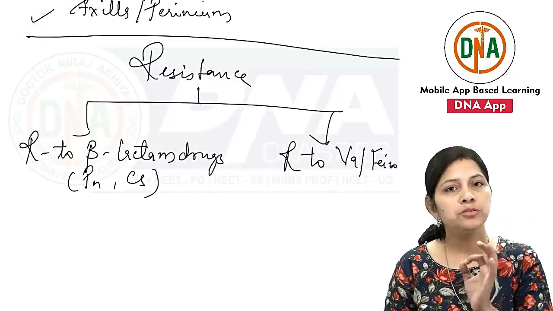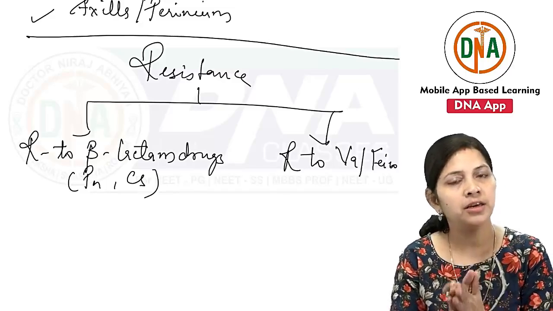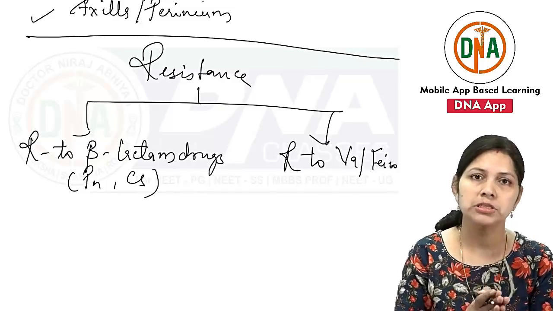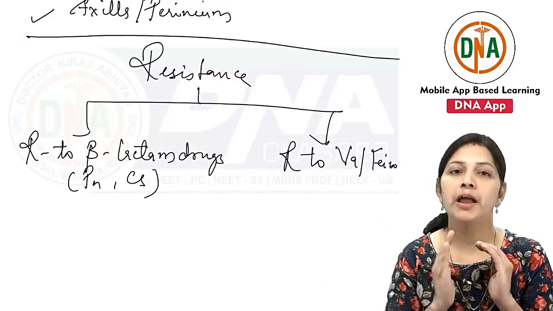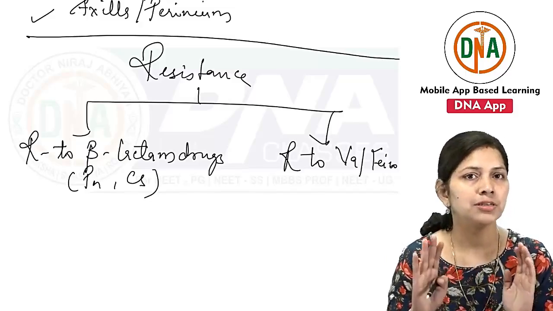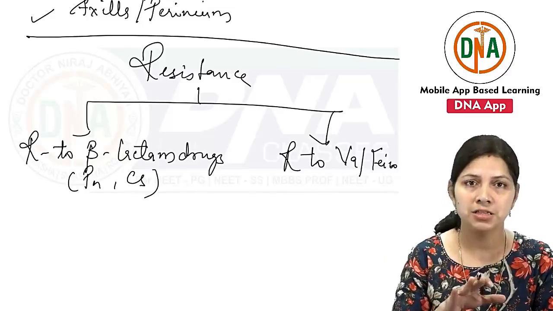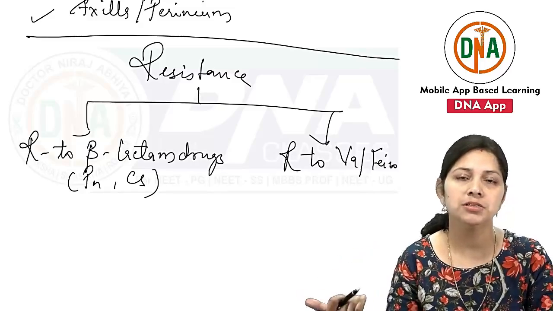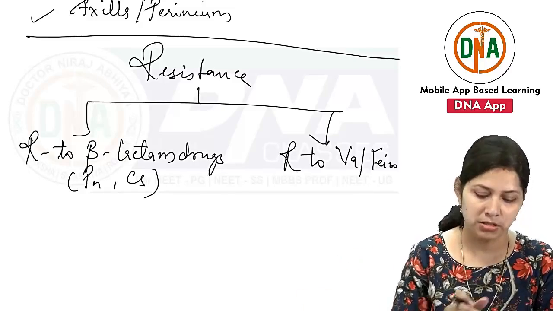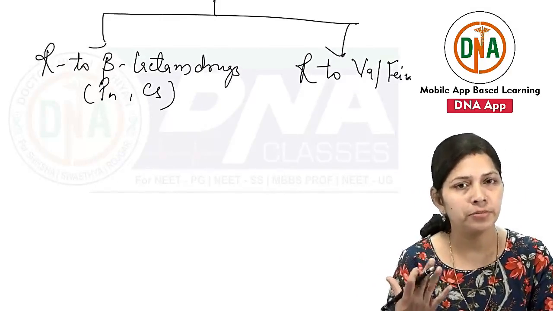Okay, please note, vancomycin resistance is very rare as far as Staphylococcus aureus is concerned. It is seen more in other organisms like Enterococcus, but not in Staphylococcus aureus. Though we have resistant strains, it is not at all common to see vancomycin resistant Staphylococcus aureus strains.